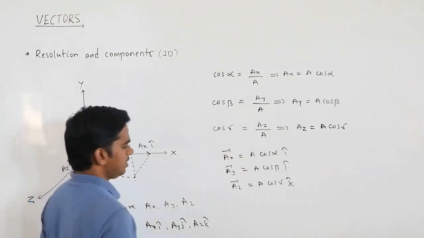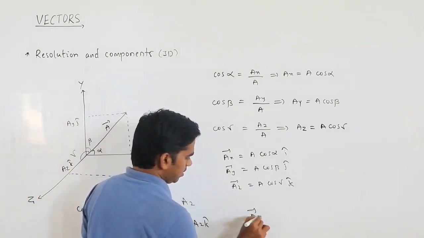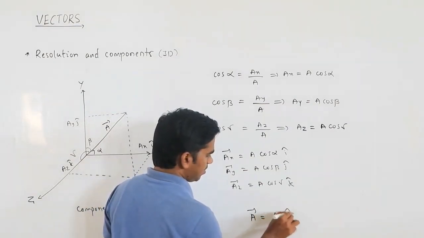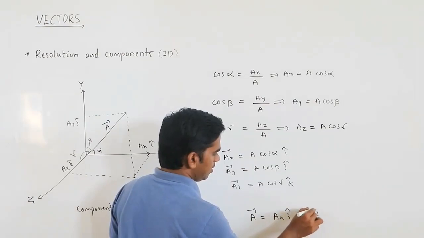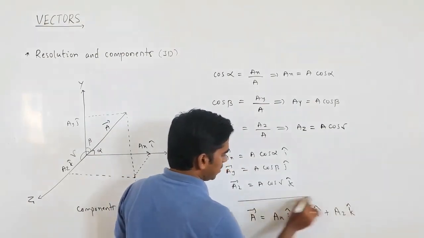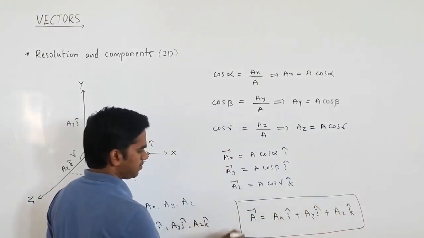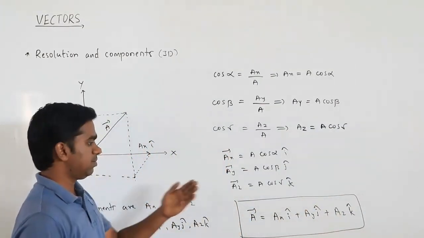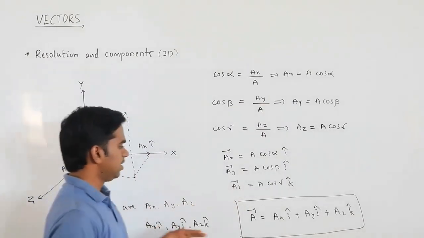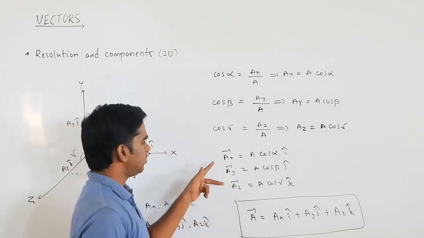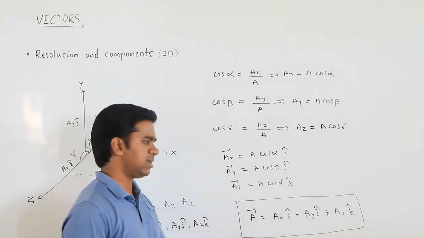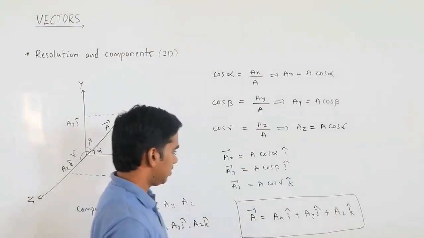Remember, vector a you can write as ax i cap plus ay j cap plus az k cap. So this is going to be your vector a. You can also get it if you square and add, similarly as we got in 2 dimensions.